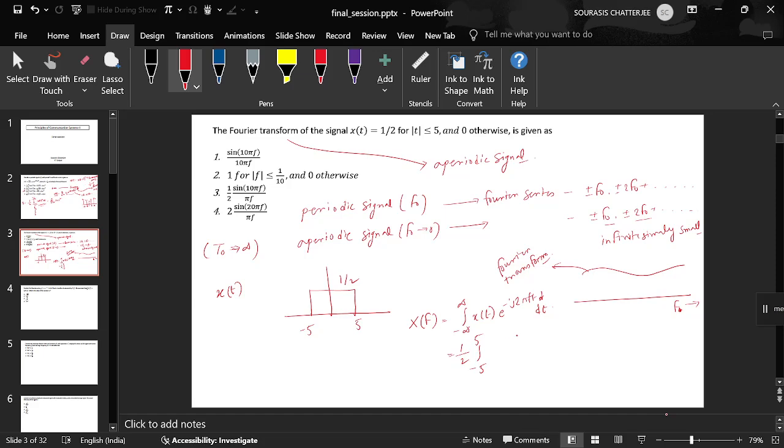Half is a constant, so it comes outside, e to the power minus j 2 pi f t dt. So we'll have 1 over minus j 2 pi f times half e to the power minus j 2 pi f t from minus 5 to 5. So we have minus 4 pi f here, and e to the power minus j 10 pi f minus e to the power j 10 pi f.